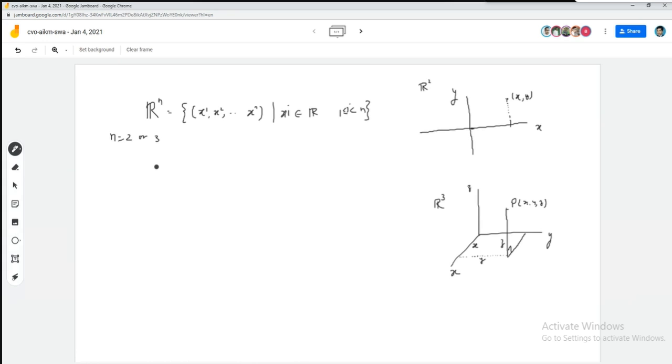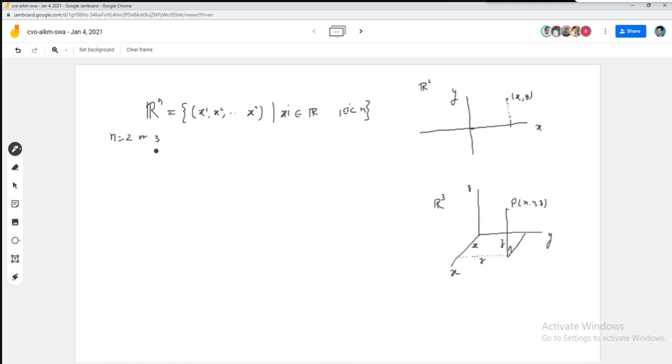Now, we need some structure on this Rn to study functions defined on Rn. The most important structure which is actually needed, and with which you can study continuity or differentiability, is this norm structure.